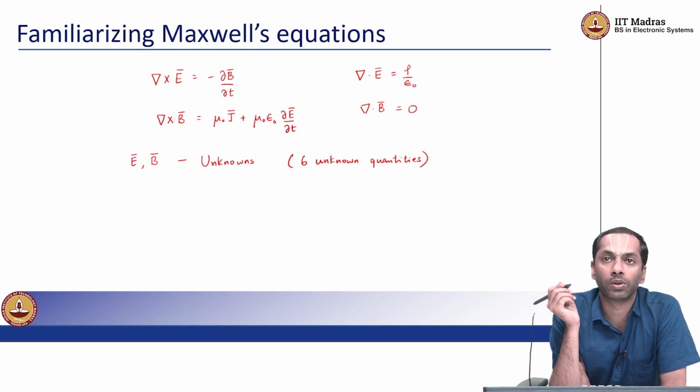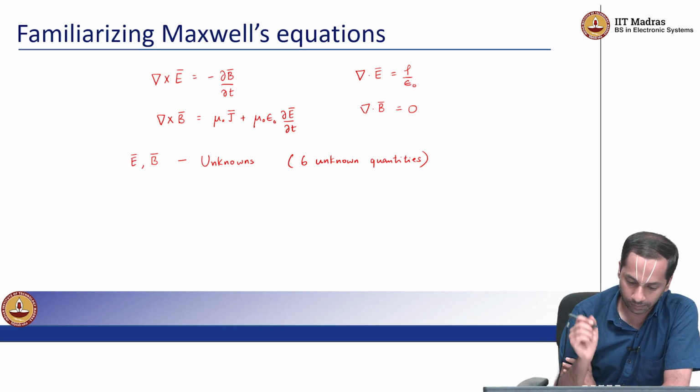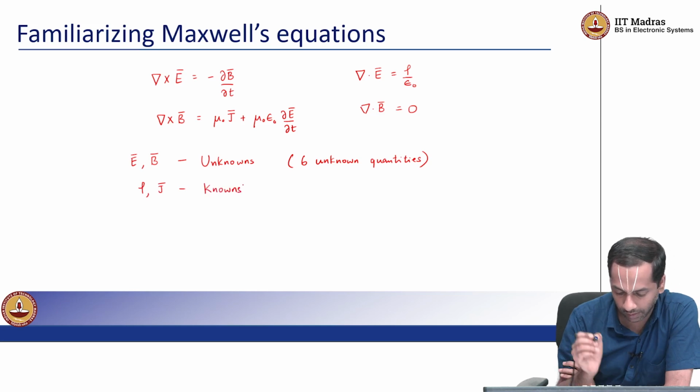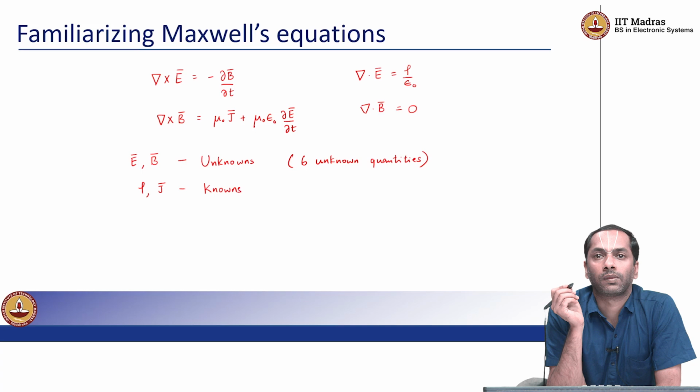Now what is usually different from one scenario to the next? It is the sources that are there in the problem, and these sources come in form of rho and j, right? So rho being the charge density and j being the current density. So rho and j are the knowns.